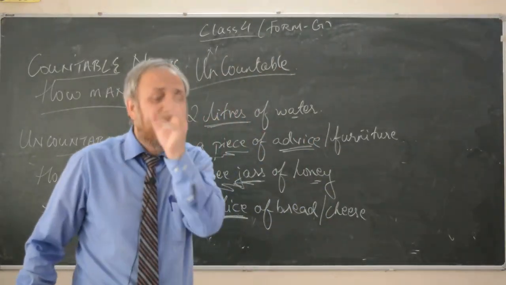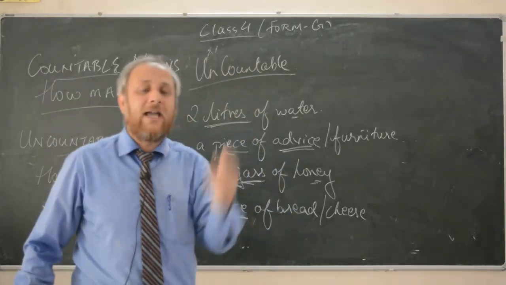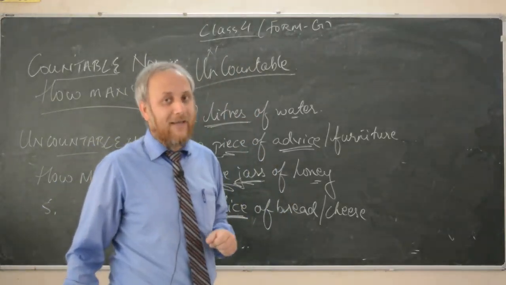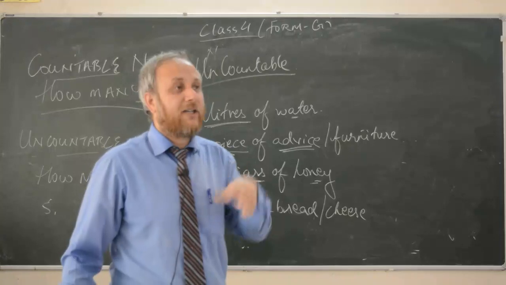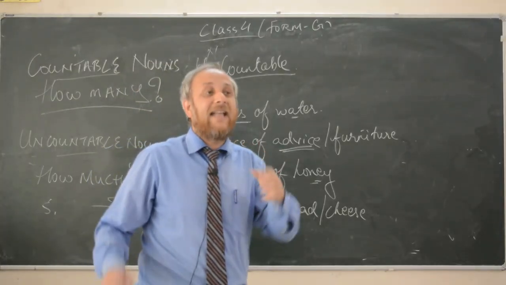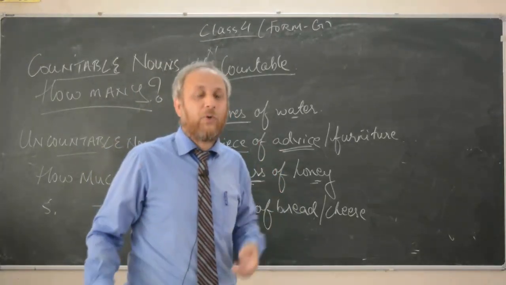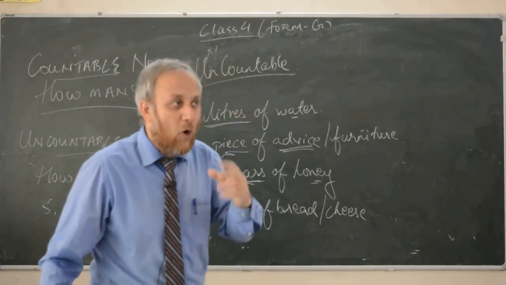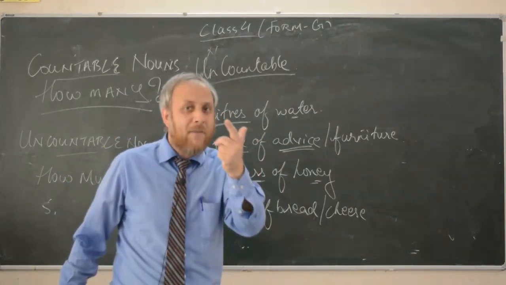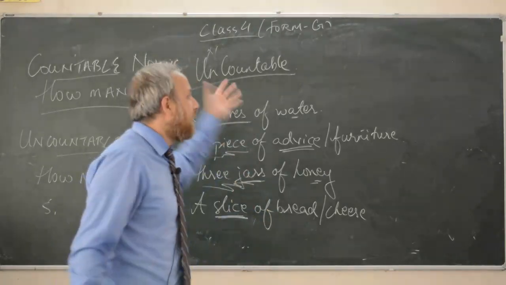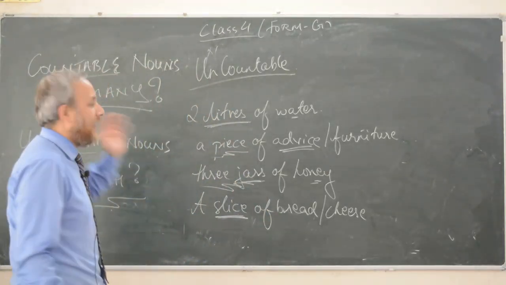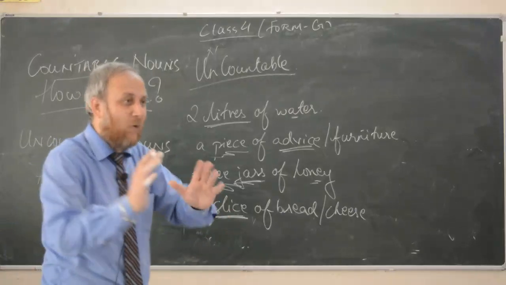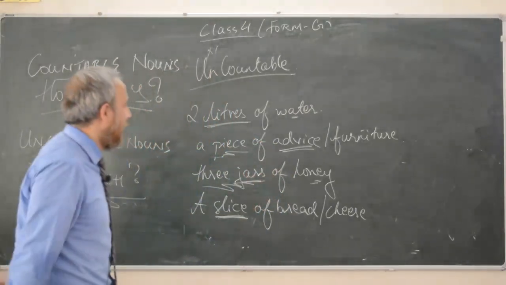So I can use these measuring words while talking about uncountable nouns as well. So English gives you that space, that freedom to use uncountable nouns if you want to talk about an amount, but remember that you have to use these measuring words. There are a lot more, but I want to keep it at this.